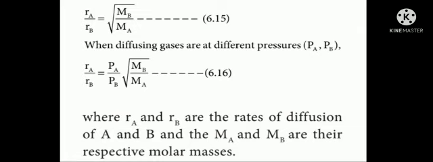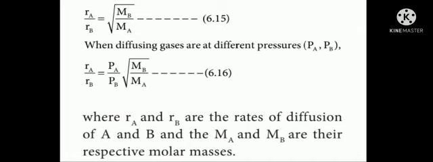Similarly, for gas B, rate of diffusion Rb is inversely proportional to the square root of molar mass of gas B, which is Mb. It is mathematically expressed as Rb is proportional to 1 divided by square root of Mb.